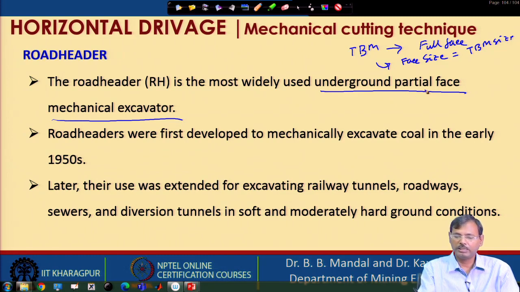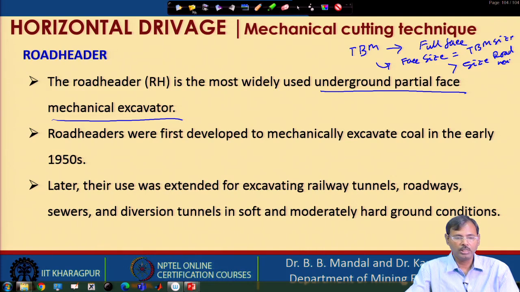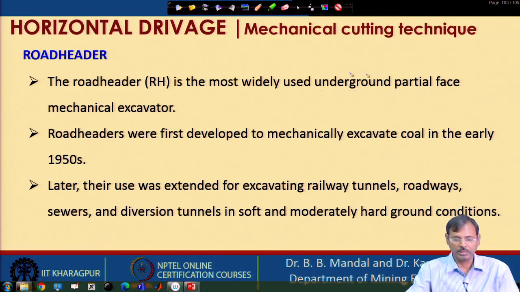Here the face size is larger than the size of the road header. So, that is why it is called a partial face mechanical excavator. The excavator, while operating, excavates a part of the face and gradually that part is extended to the whole face. So, that is why this is a partial face excavator.